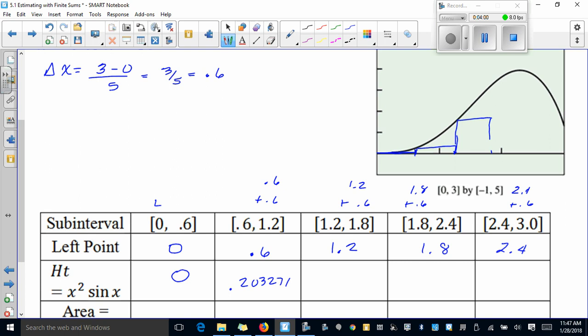And then this is 1.8, and at 2.4, let's go right about here's 2.4. So I would extend this rectangle up to here. We would go over to about 2.4 and come down.